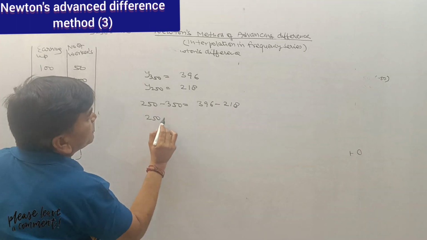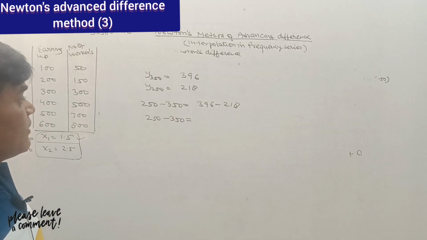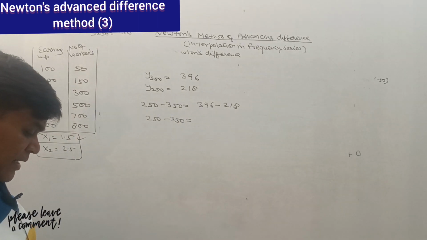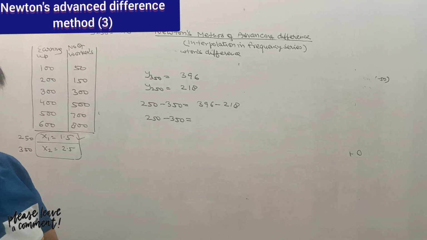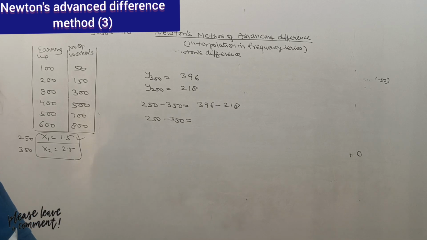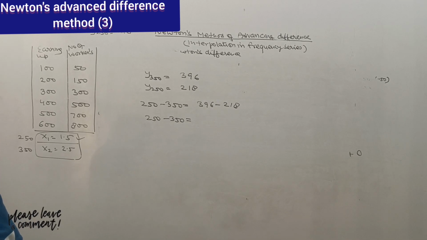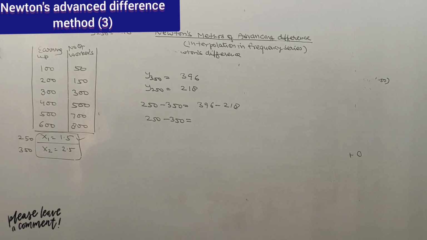So between 250 to 350 the number of workers will be 396 minus 218, that is 178. 396 is okay, 218 is okay. So between that is 178.